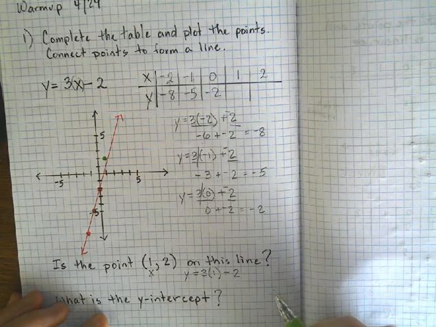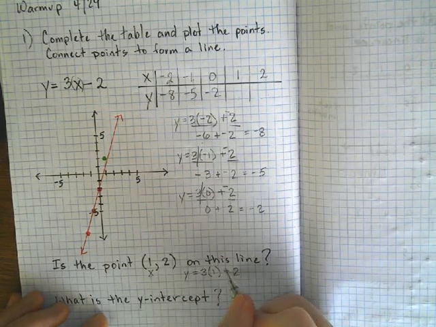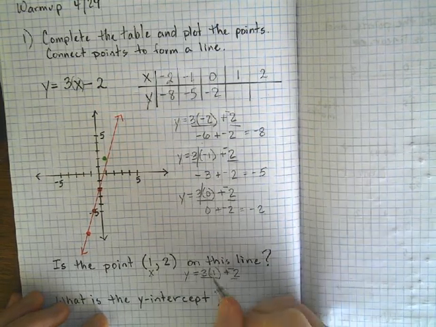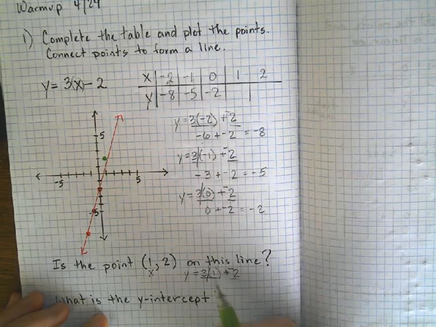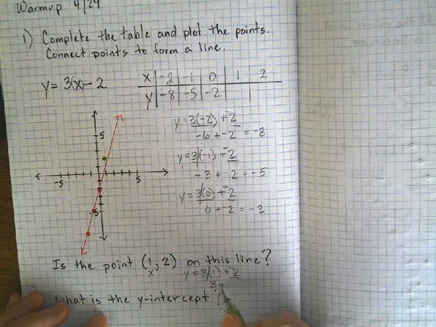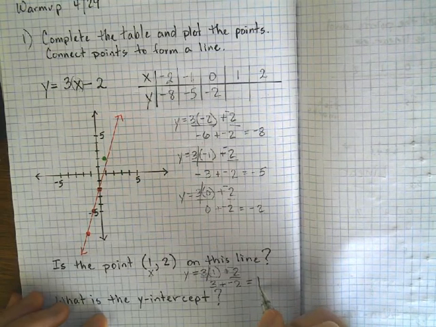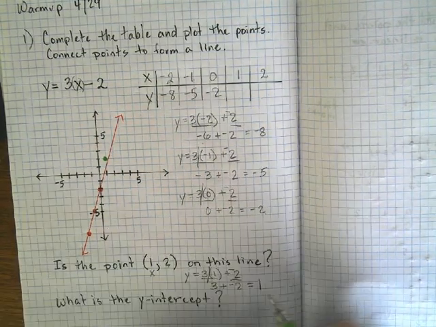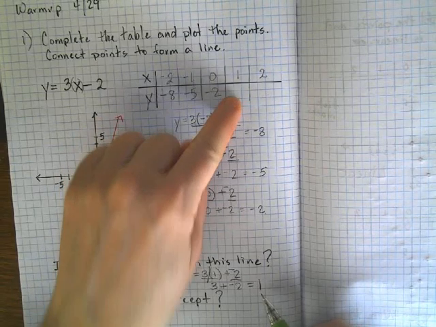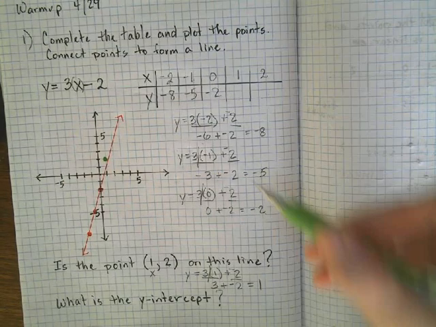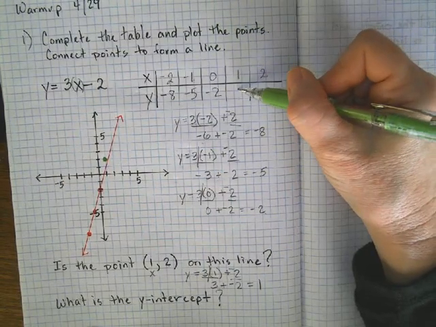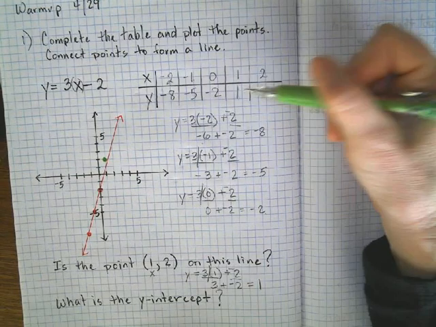What do I get? So let's rewrite, parse, simplify. 3 times 1 is 3. 3 plus negative 2 equals 1. So remember, if you had done your table up here, you would have gotten when x is 1, y is 1. That's what you would have gotten.